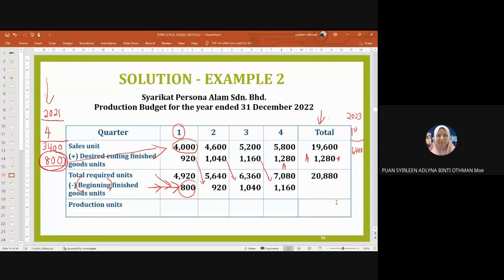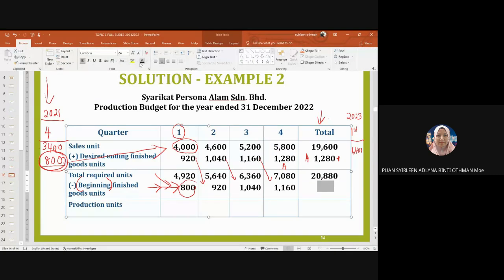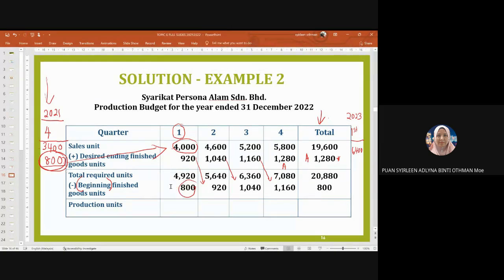So untuk ruangan total, sebab ini ialah beginning inventory, so we just copy back the figures from the first column. Okay, sebab tu you kena hati-hati ya. You salah column pertama ni, automatically your total dekat sini pun akan salah. So 800 ni is B taken from here.